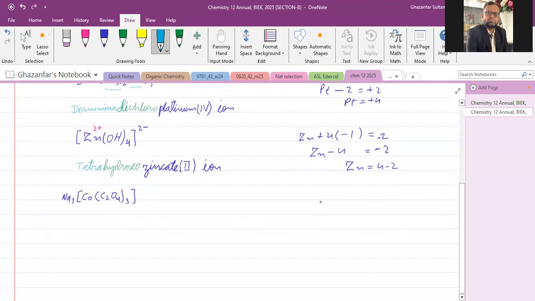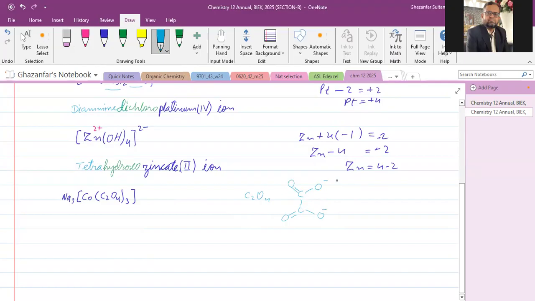Here again, the coordination sphere is negative because it is Na3, so it has 3 minus charge. And remember that this C2O4 is oxalate ion. Oxalate is this. This is the structure of oxalate. This is a bidentate ligand. It has 2 minus charge.